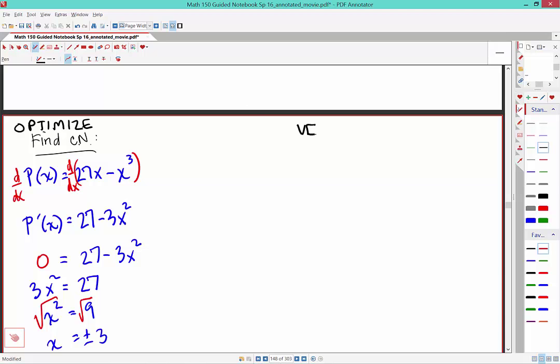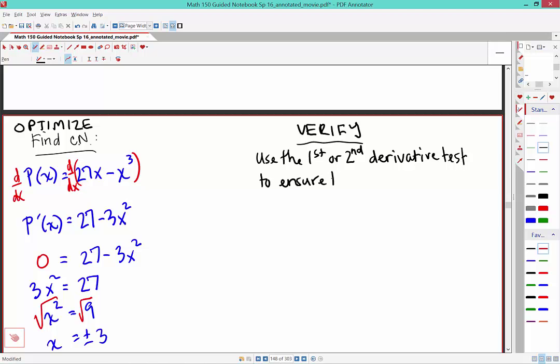And then the verify step means that you would either use the first or second derivative test to ensure x equal to 3 yields a maximum.